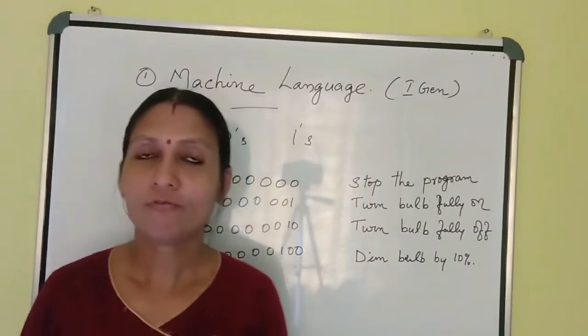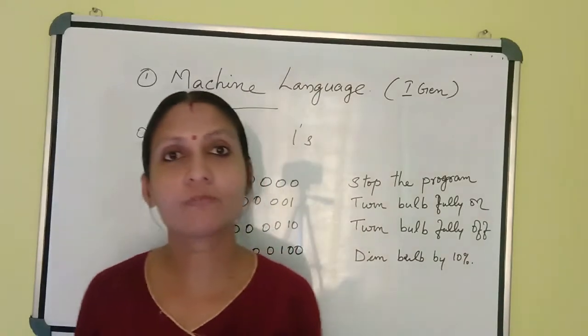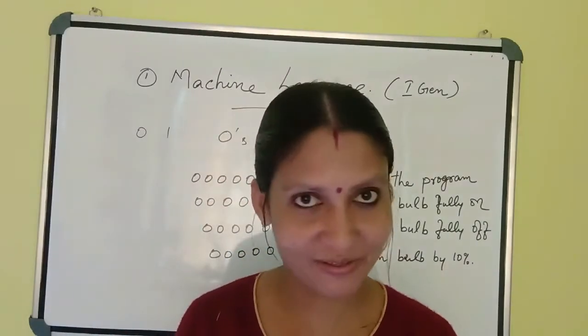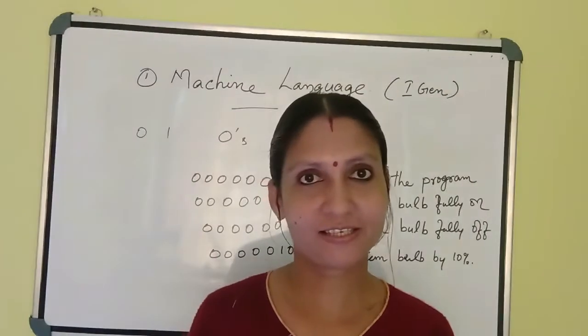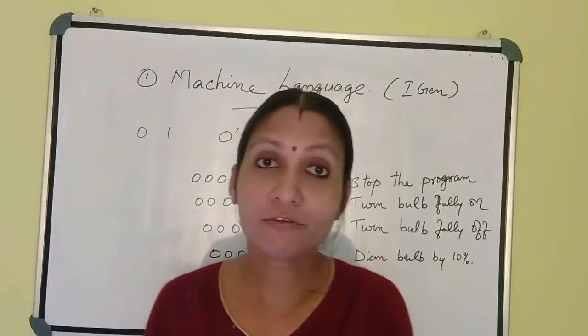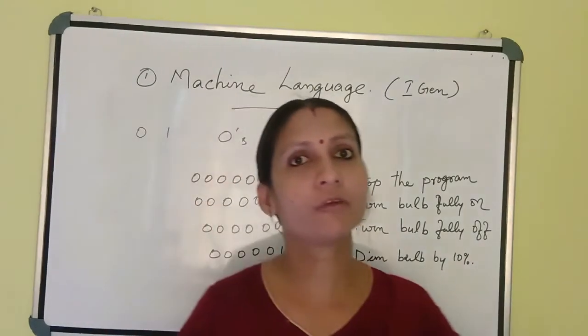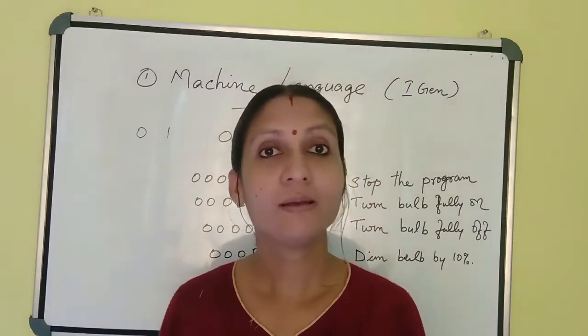That means all the program coding we will write with the help of zeros and ones in machine language. That's the main point of machine language. And this is machine dependent. That means for different machines we are using different codes. That is the main thing about machine language.